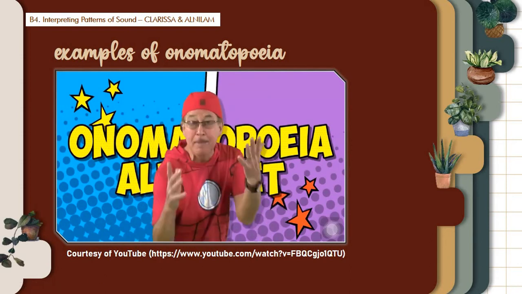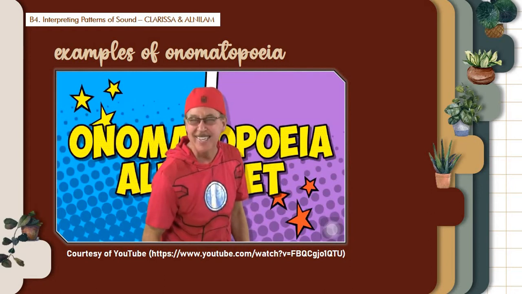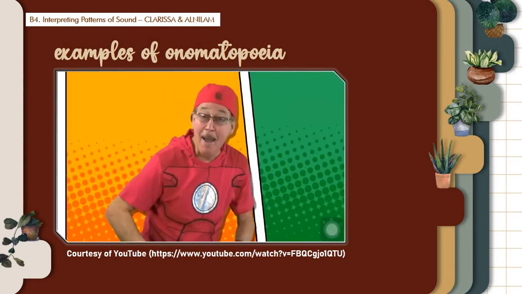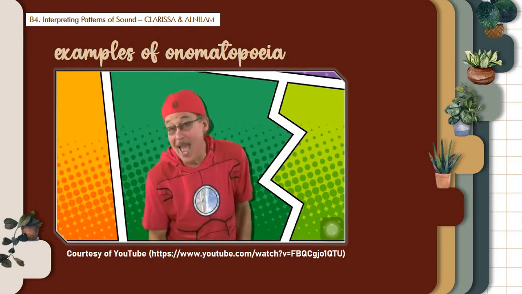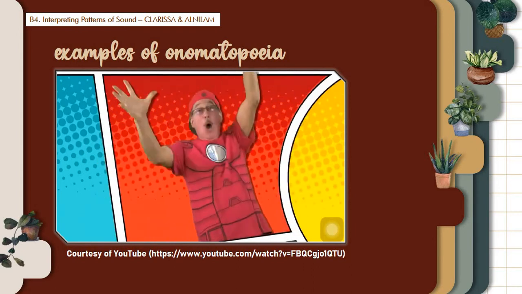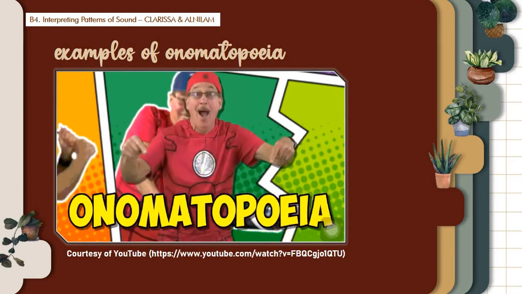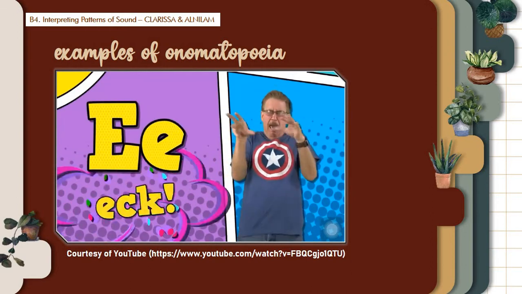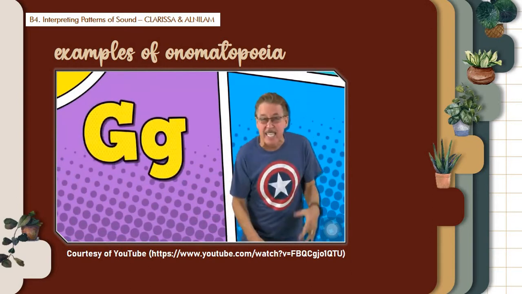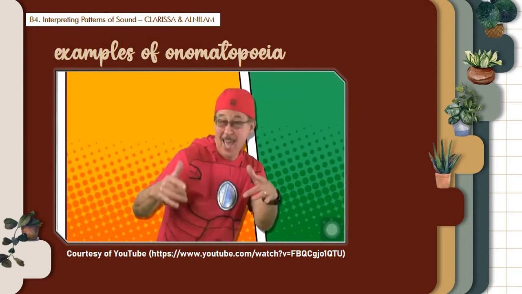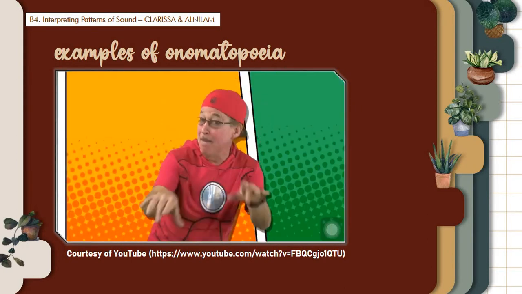Onomatopoeia is using words that imitate the sounds things make. We call them sound words. Zoom, zoom, zoom, kaboom! To the onomatopoeia alphabet. Boo, boo, boo, choo, choo! To the onomatopoeia alphabet. Say the letter, say its sound, then say a word that makes a sound. Move, move, move! Girls and boys, move, move, move! To the words that make noise. Onomatopoeia. A says ah, achoo, achoo. B says b, boing, boing. C says caw, caw. D says d, ding dong. E says ek, ek, ek. F says fizzle, fizzle. G says g, gobble, gobble. H says ho, ho, ho. Zoom, zoom, zoom, kaboom. To the onomatopoeia alphabet. Boo, boo, boo, choo, choo. To the onomatopoeia alphabet.